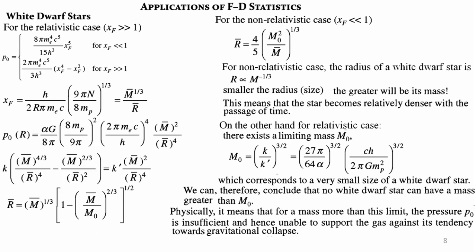So physically, what does it mean? Physically, I already told you the same thing. This means that if the mass of the star is more than this limit m naught, then the pressure of the electrons inside the star is not sufficient to hold the gravitational pull, and hence it won't be able to support the electron gas against the tendency of gravitational collapse.